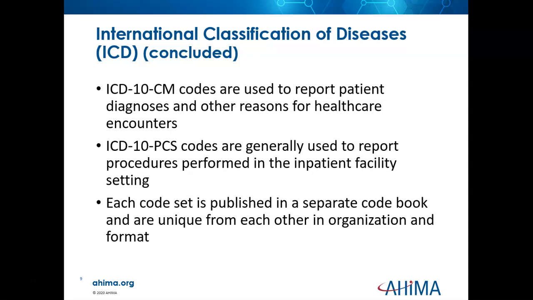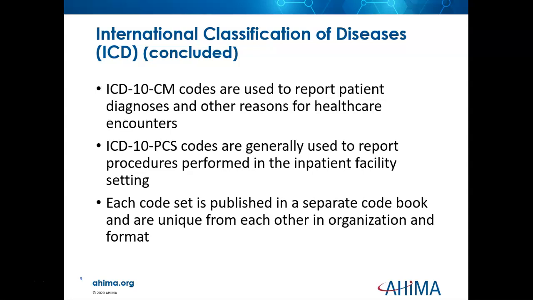More information here regarding ICD-10-CM. Again, ICD-10, those diagnosis codes that identify why they went to see the provider. What was going on with that patient? What was wrong with that patient? What was the disease? Those are going to be your ICD-10-CM codes. ICD-10-PCS, those are the codes that are used to report procedures in an inpatient facility setting.